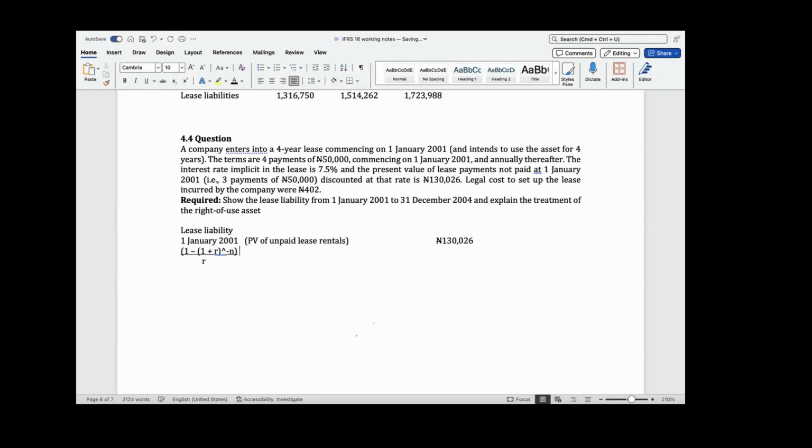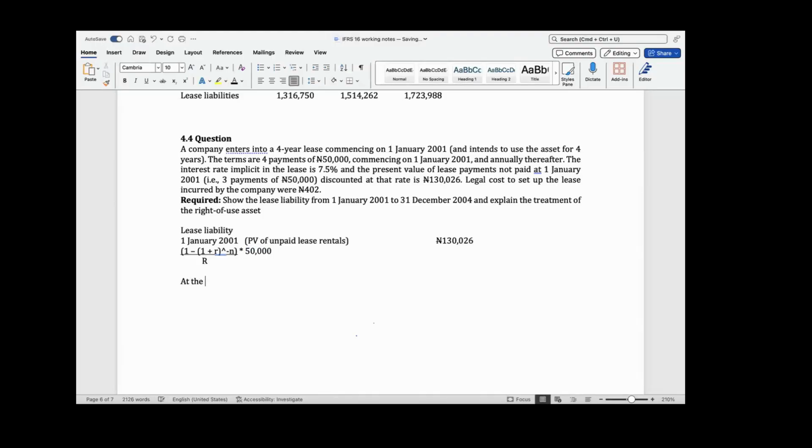Then you multiply that by 50,000. That should give you this present value, where the r will be 7.5% and the n will be 3 years, because that's the number of installments remaining.